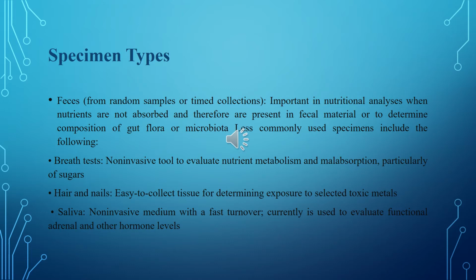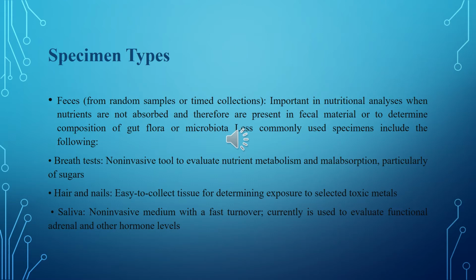Other specimens that are used to check the nutrient content of the body are feces, breath test, hair and nail, and saliva. In feces, if nutrient losses increase, we use this specimen to assess the nutrient content.